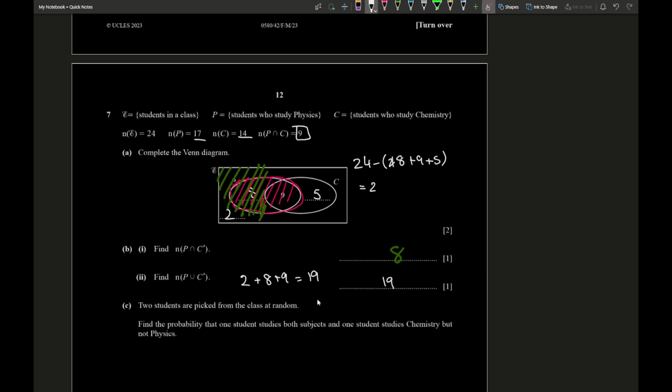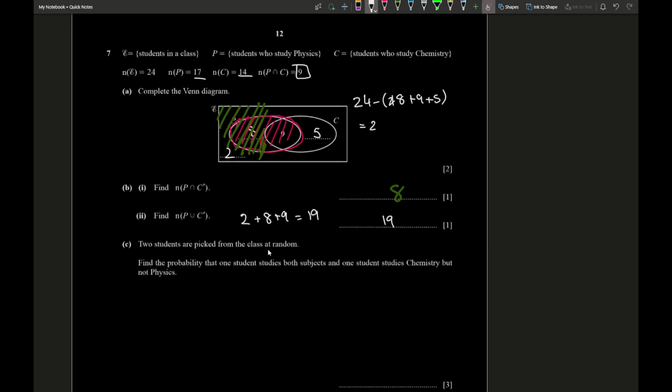For part C, two students are picked from the class at random. Find the probability that one student studies both subjects and one student studies chemistry but not physics. For this question, we have two scenarios. The first scenario is that we pick our first student being a student that studies both subjects, and the second student a student that studies only chemistry.